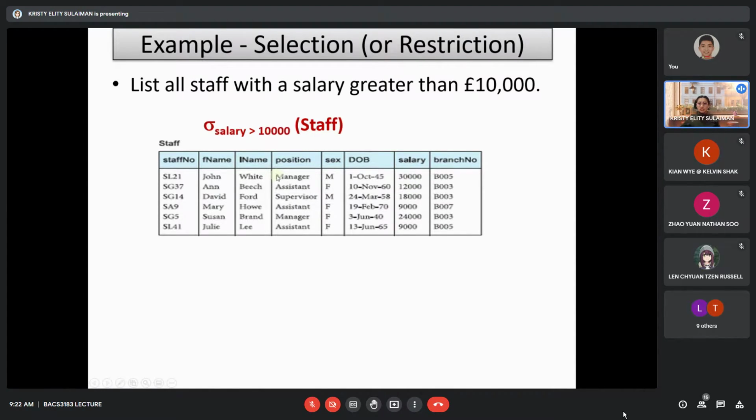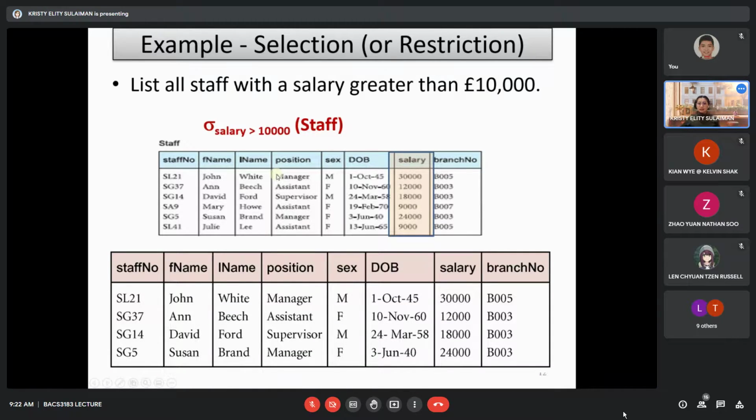The selection will create a new table containing only those staff rows with a salary greater than 10,000, and the result is given here.